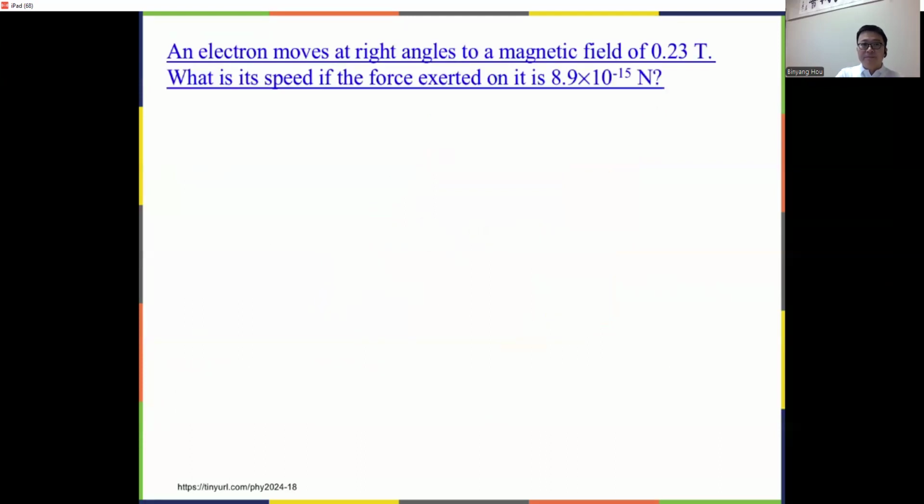All right. Now let's take a look at the first example of the day. It says an electron moves at right angles to the magnetic field of 0.23 Tesla. What's the speed if the force exerted on it is 8.9 times 10 to the minus 15 newtons?